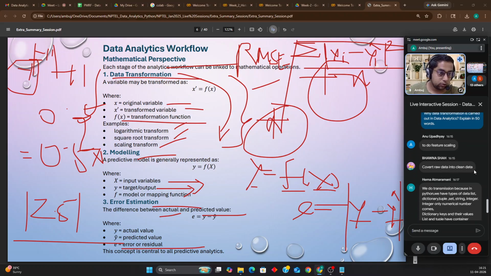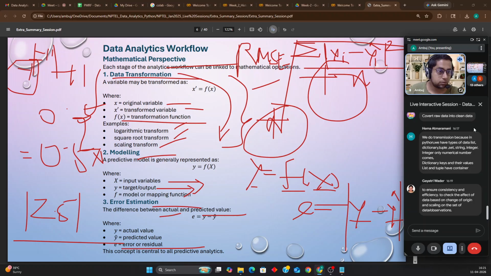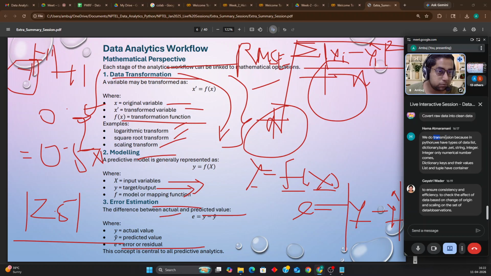Convert raw data into clean data. Okay, somewhat more sophisticated. Good. Then you wrote transmission. It is transformation. Transmission is of electromagnetic waves. That is different. Please, in the examination, after writing whatever you are writing, check yourself.